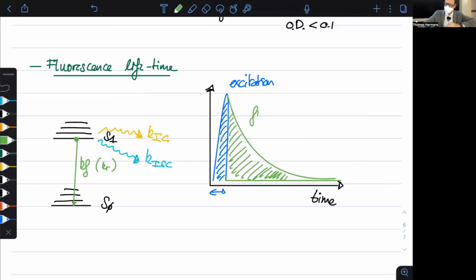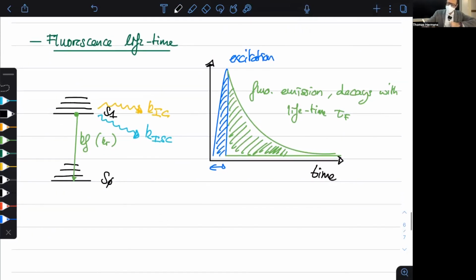So this is my fluorescence emission. And it decays with lifetime tau f. This is exactly the same as in chemical kinetics. When you have a first order reaction, you have a lifetime of this reaction, which you calculate in the same way. Okay, so if we take these three things together, we have a total rate constant.